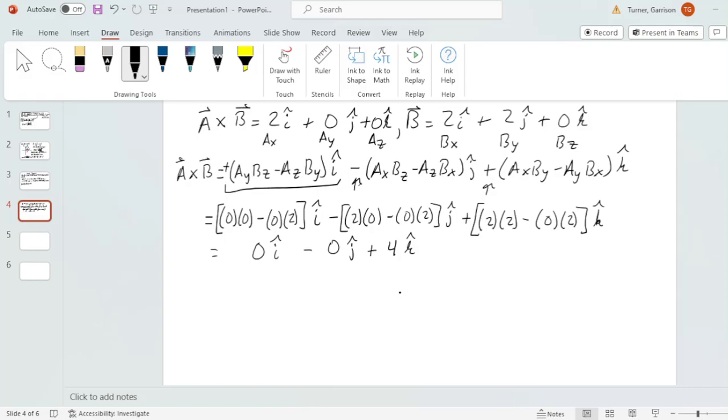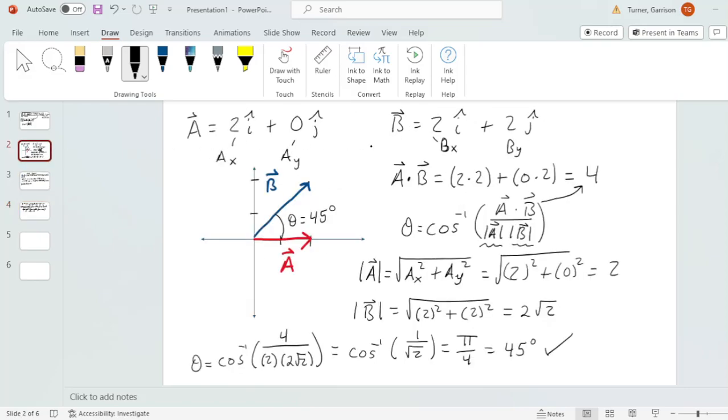Okay, now this is a unique situation. In this particular example, the magnitude of the result of our cross product is going to be the same as the result of the dot product. Now, this is not a general rule. You can't just compute the dot product and claim that that magnitude is the same as the magnitude of the cross product. But in this case, they are, right?